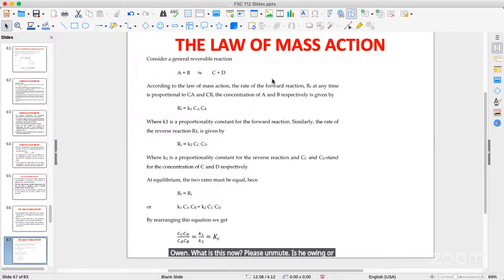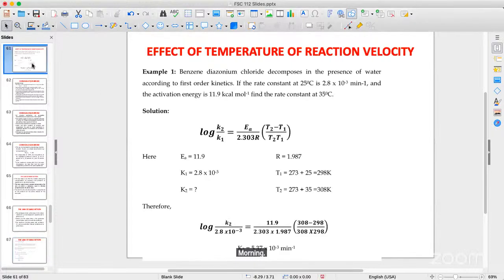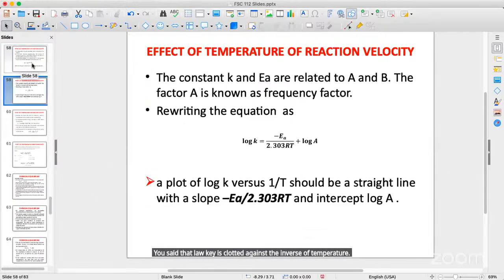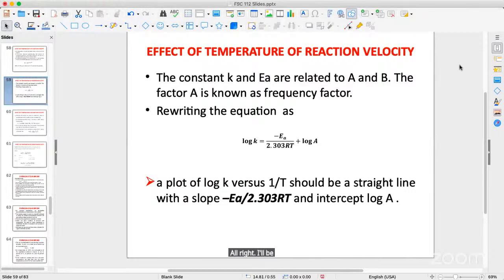Owen, yes. Good morning, sir. Good morning. Your question, please. Sir, on slide 59, you said that log K is plotted against the inverse of temperature. Is log K also ln K? Are they the same thing? When you use ln, the 2.303 goes out of the window.